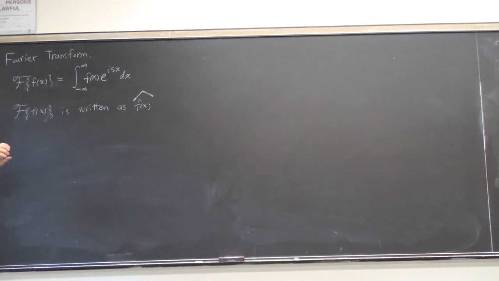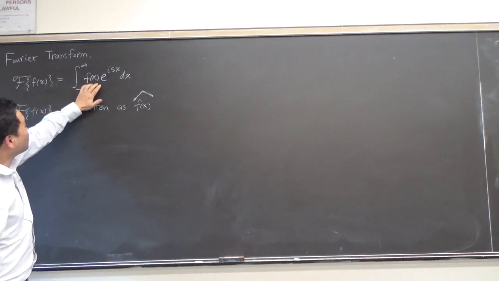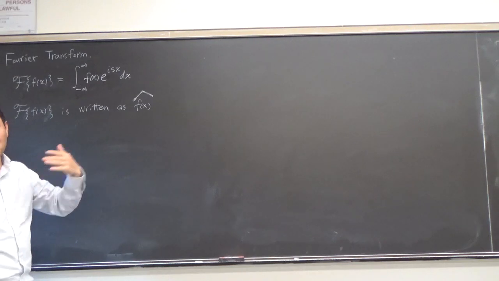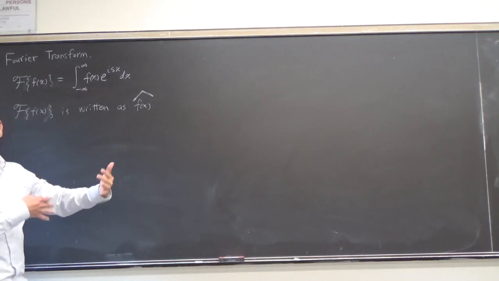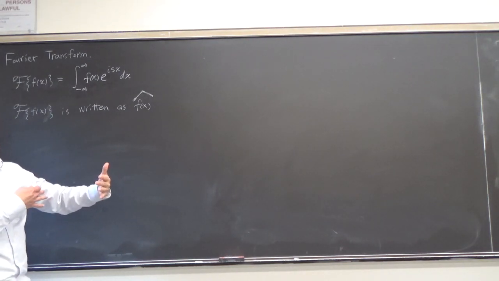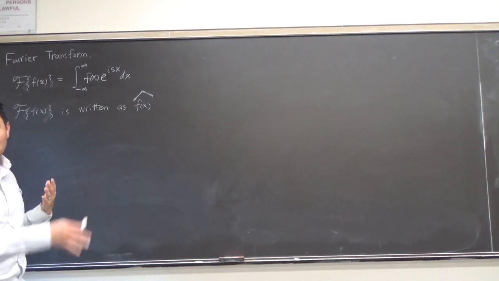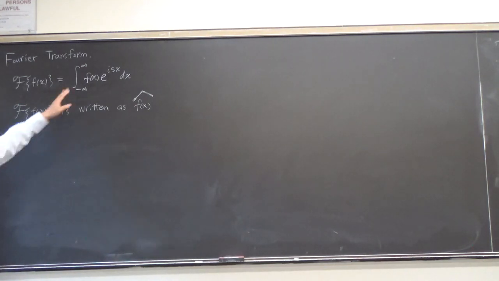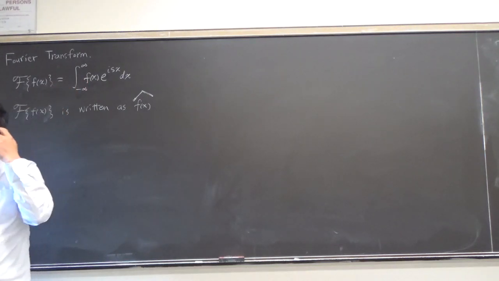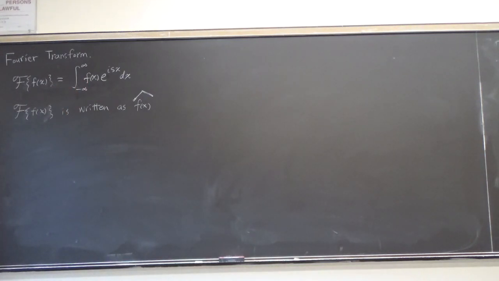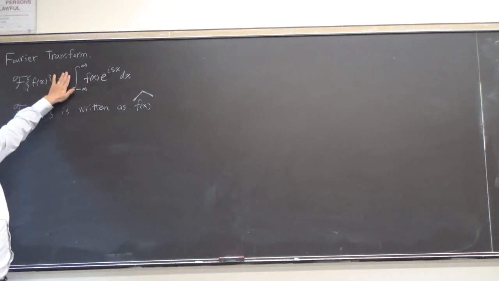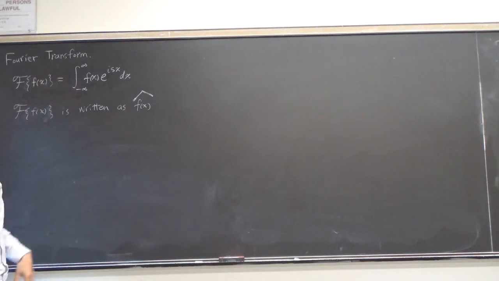Now, in the case when the function is not defined from negative infinity to infinity, but it's only defined on an interval, then you can think of that function to have 0 outside the interval, right? Then this formula also looks very much like the Fourier series, except that there should be some normalizing thing outside.